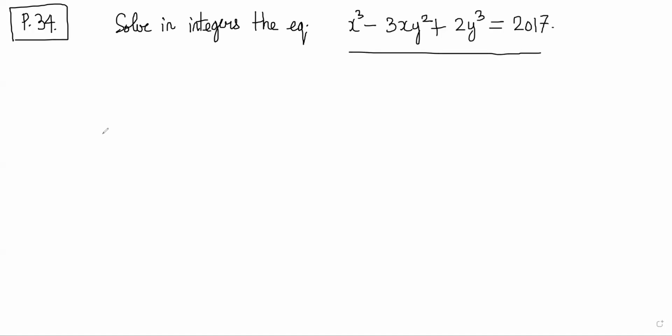Okay. Problem 34 then. Solve in integers the equation x cube minus 3xy square plus 2y cube is equal to 2017. This is the equation.